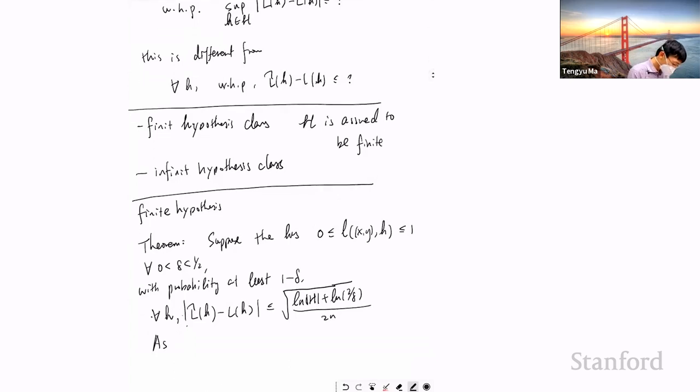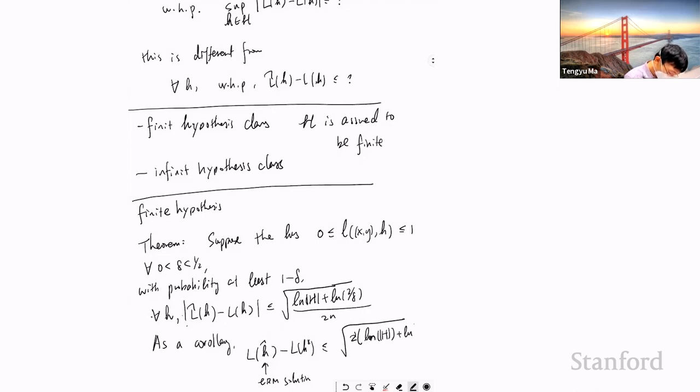So using what we discussed last time, as a corollary, we also get that the excess risk L of h hat minus L of h star, where h hat is the ERM solution, is less than, with a factor of 2 paid in that derivation, 2 times the square root of (ln of the size of H plus ln 2 over delta) over n.